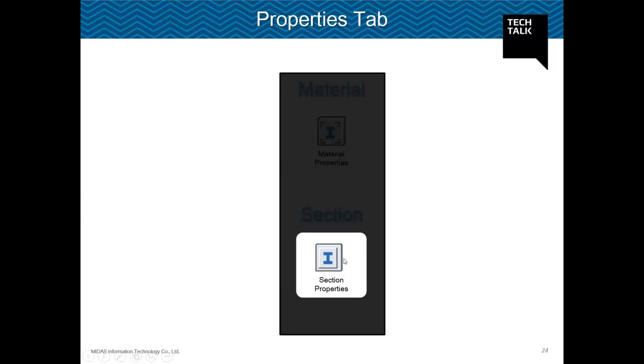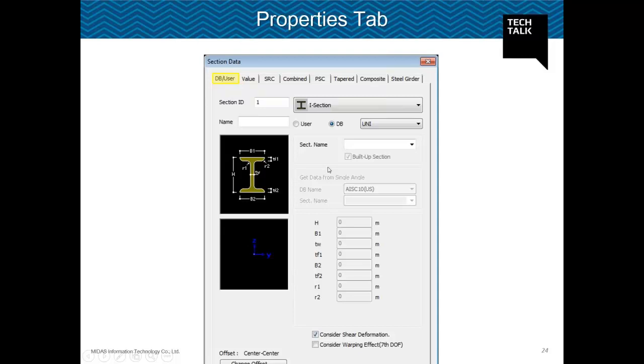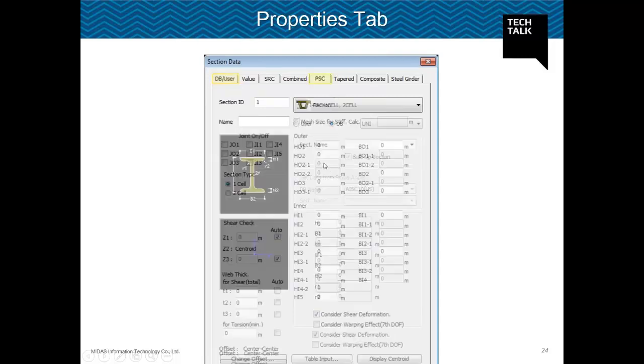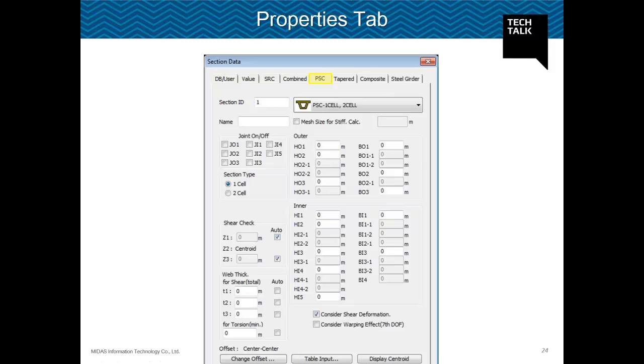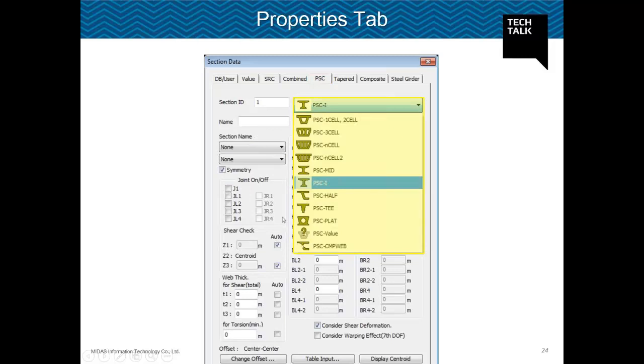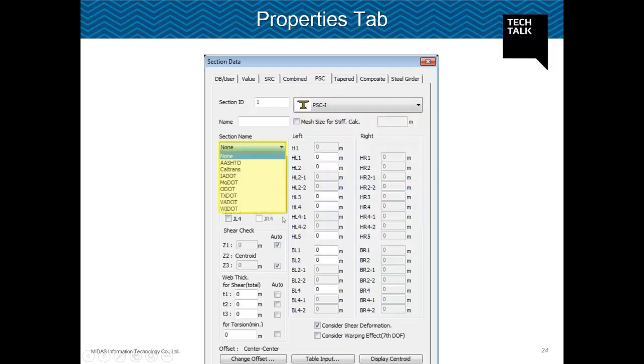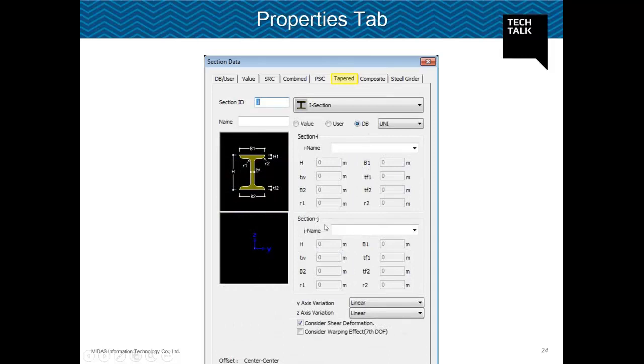What about the section properties? As you see, in each tab we have various section databases, especially the PSC section, which is commonly used in practical design, such as PSC I, PSC Value, and so on. We support databases as well, which are used in European and American countries. We can taper these sections using the tapered section option.